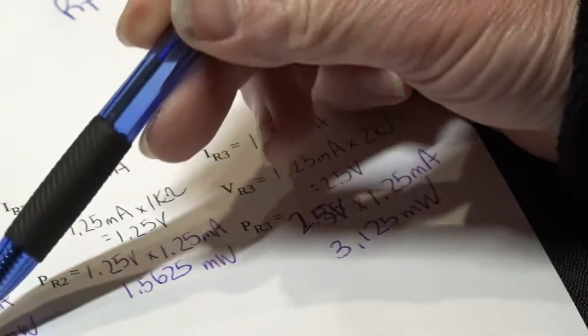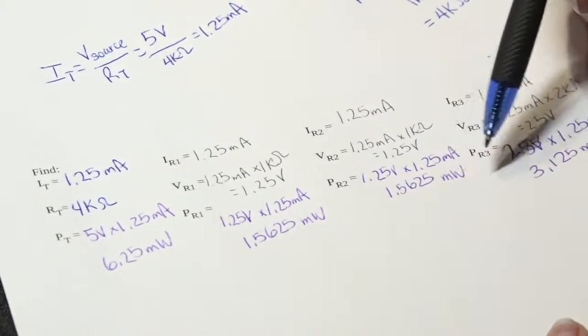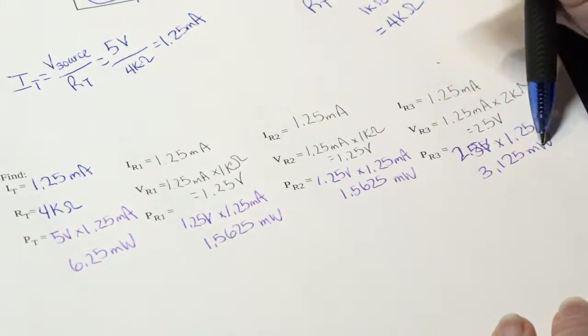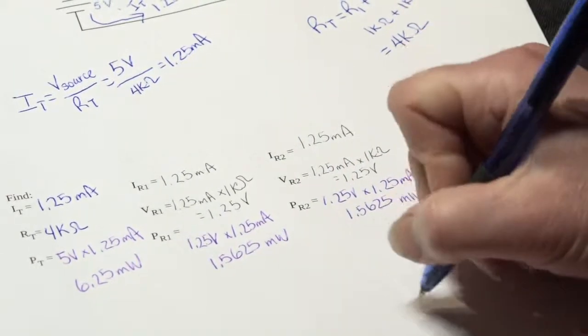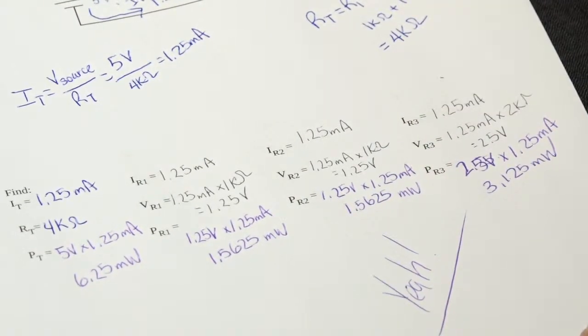Well, 1.5625 plus 1.5625 milliwatts comes up to 3.125, plus 3.125 gives us 6.25 milliwatts. So, yay! It worked again.